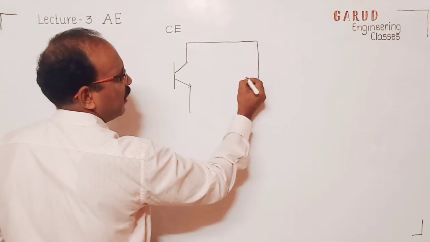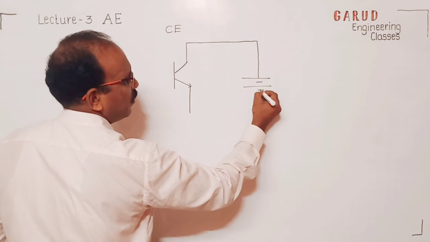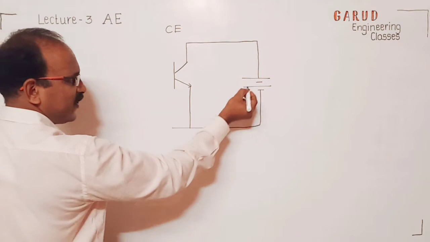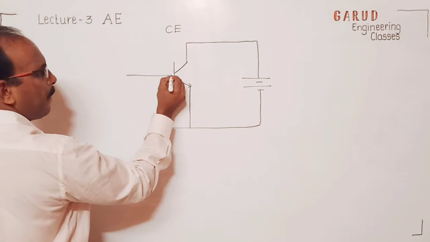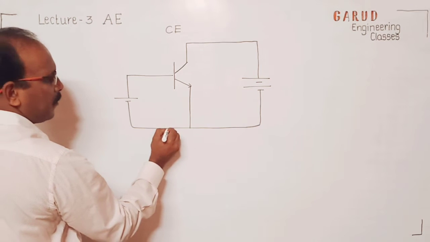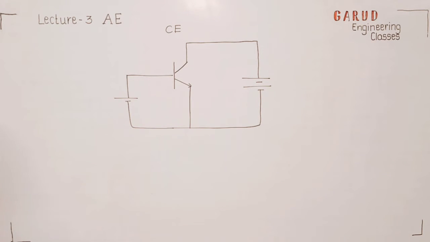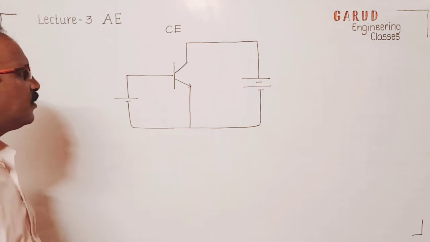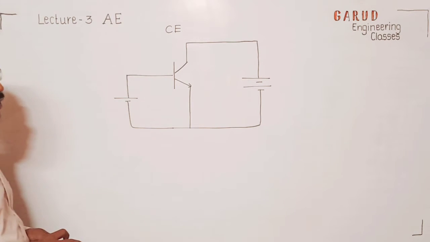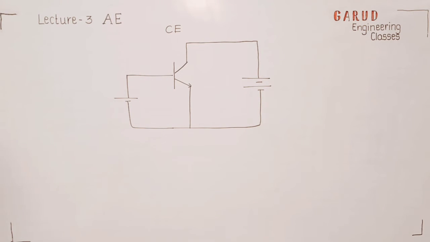As I told, this is an amplifier, so this will be stacked batteries. Now here, I want to see the characteristics of the common emitter configuration.